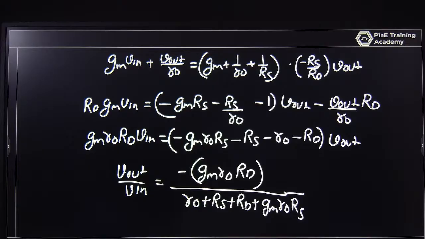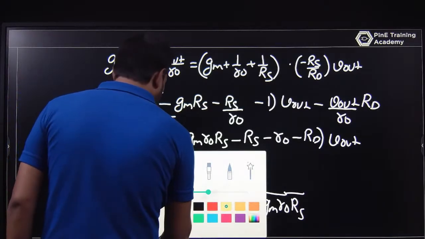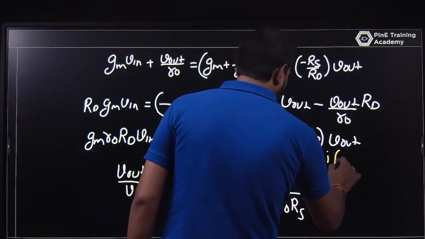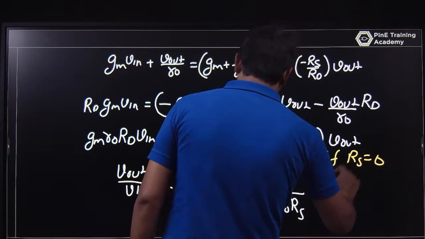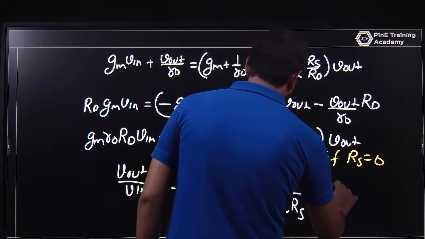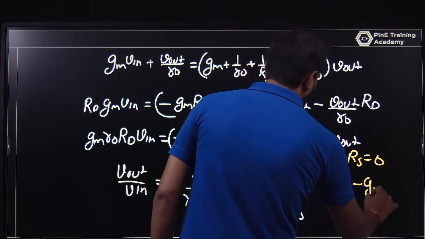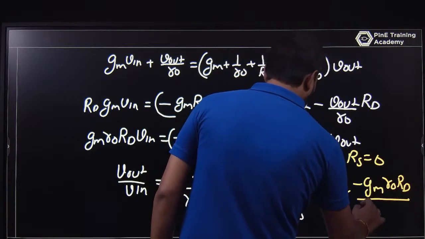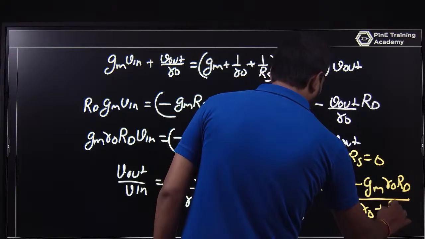And if Rs is 0, let Rs be 0, if Rs is not present, what is the gain? That gain will be minus Gm R naught RD upon R naught plus RD.